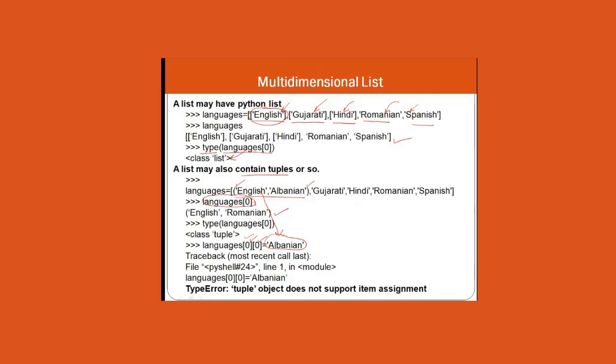The first element of this list is a tuple, and as tuples are immutable, you cannot change the elements of a tuple. If you try to change this English to Albanian, it will give you an error, because tuple object does not support item assignment, right? Even if it is an element of a list, the properties of a tuple remain, because it is a tuple that has been mentioned inside the list. So we cannot change the elements of the tuple, they are immutable.